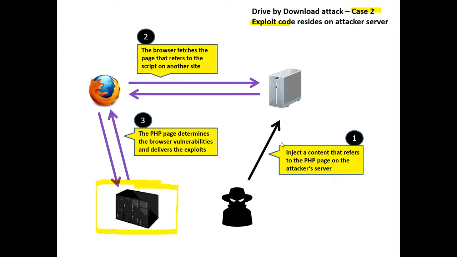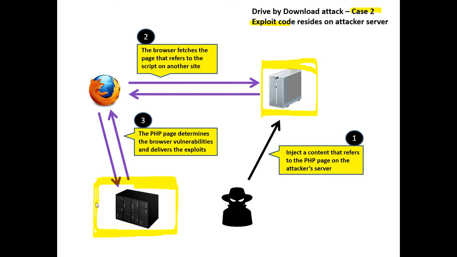In the previous case, the exploit and the content to invoke the exploit were both injected into the target server. But in case 2, only the content to invoke the exploit will be injected into the target server, whereas the actual exploit will be present in the attacker server only.